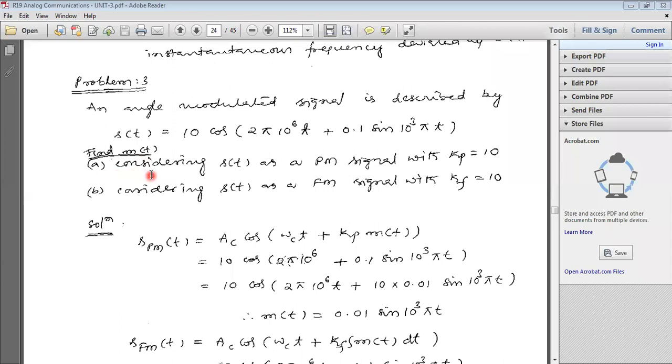First one is considering s of t as a phase modulated signal with kp equal to 10, and the second part is considering s of t as a frequency modulated signal with kf equal to 10.